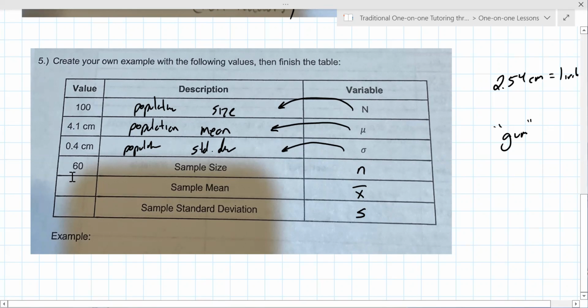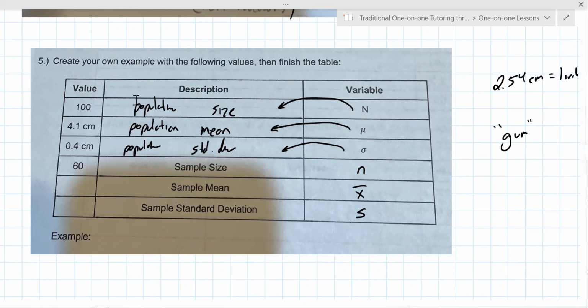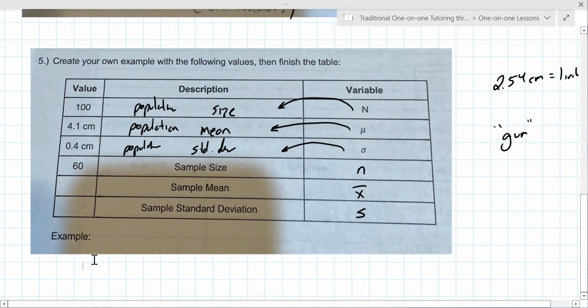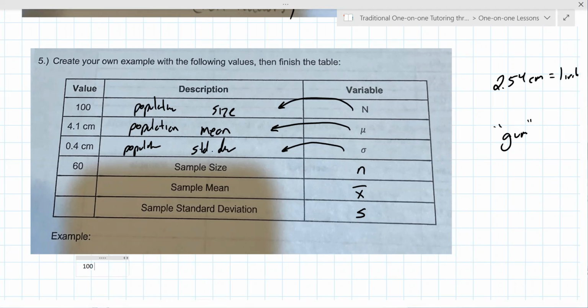Okay, so now your scenario is that you sample 60 people out of like 100 total, or 100 packages of gum, for example. Okay, so you can keep it pretty simple, but it could be like, let me type this. 100 packages of gum were left behind.